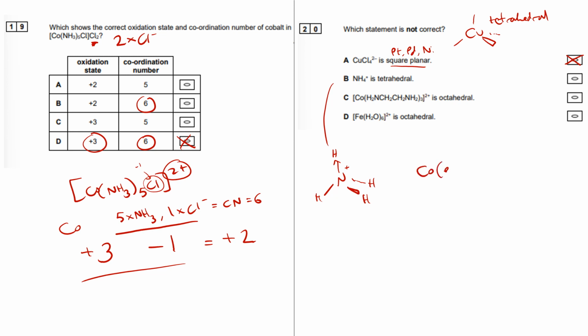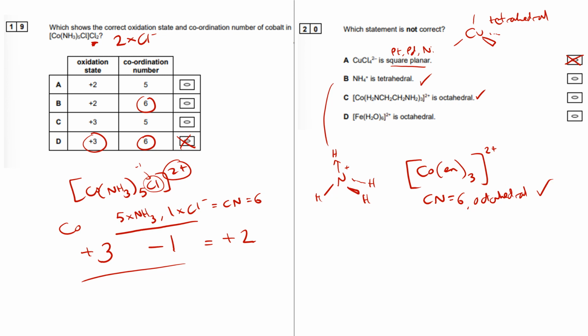Complex C, you've got diaminoethane in there, which is a bidentate ligand. So if you've got a bidentate ligand and you've got 3 of them, you've got a coordination number of 6. There are 6 coordinate bonds, so that is an octahedral complex. So that is a correct statement.